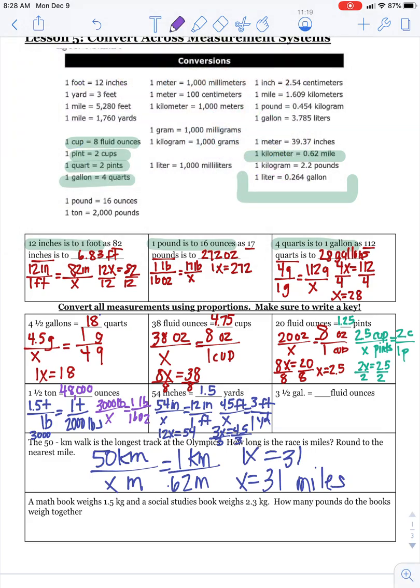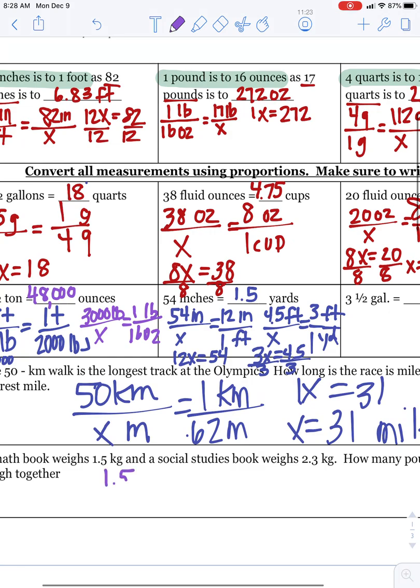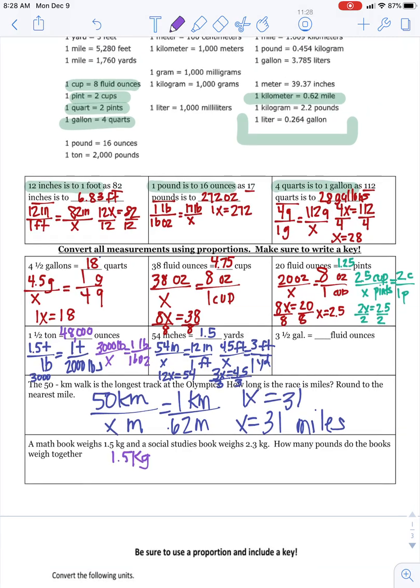Okay, very last one. A math book weighs 1.7 kg and a social studies book weighs 2.3 kg. How many pounds do the books weigh together? So I know the very first thing I want to do is add my kilograms, and then we're looking for pounds. So I'm going to do 3.8 kg over pounds, so X. So I know over here I need kilograms to pounds.